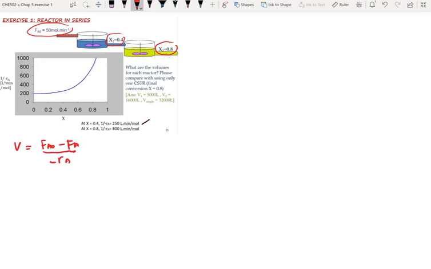This one can be simplified, having FA equal to FA naught (1 minus x).